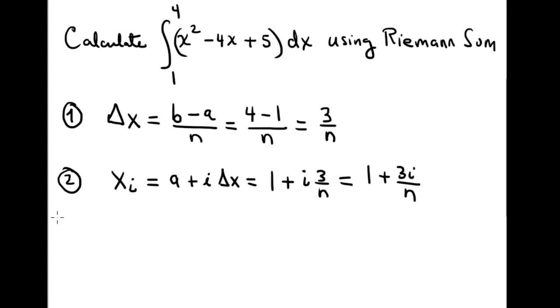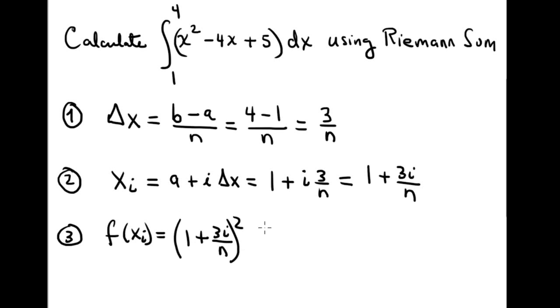Okay, now number 3 is evaluate f at x sub i in our function, which is 1 plus 3i over n, squared, minus 4 multiplication 1 plus 3i over n, plus 5.